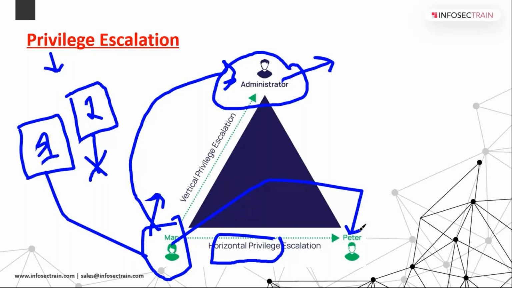Both Mary and Peter are mostly in the same department and enjoy the same permissions, but she wants to look at what kind of thing Peter is up to. She wants to see which kind of credentials, which kind of clients he is dealing with. That is why she is hacking into Peter's system. That is called horizontal privilege escalation.